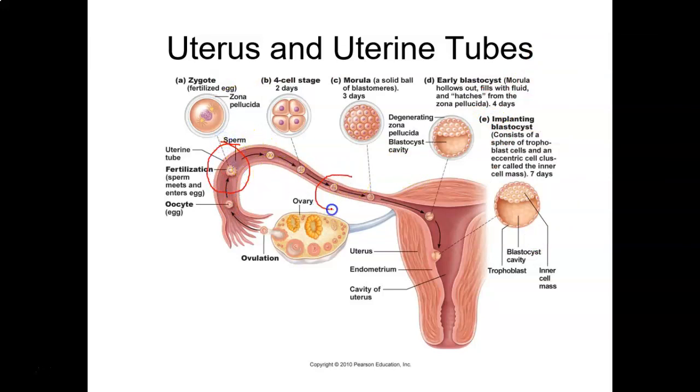It can't occur here. If it does occur here, it takes around 7 or so days for the zygote to go from here and travel this entire distance in order to be ready to implant.